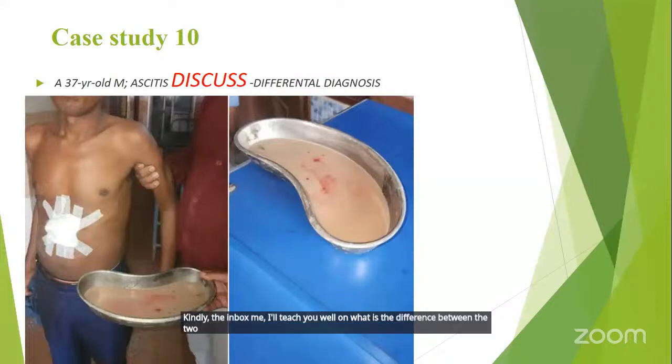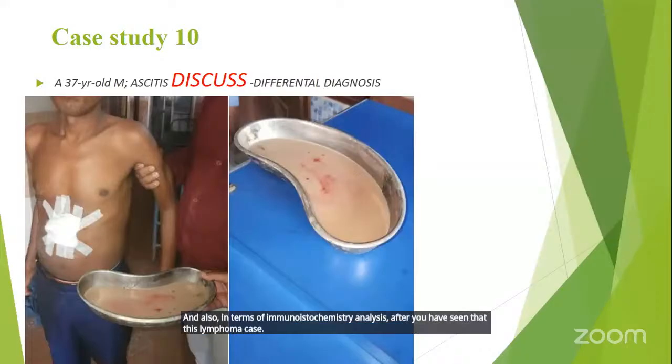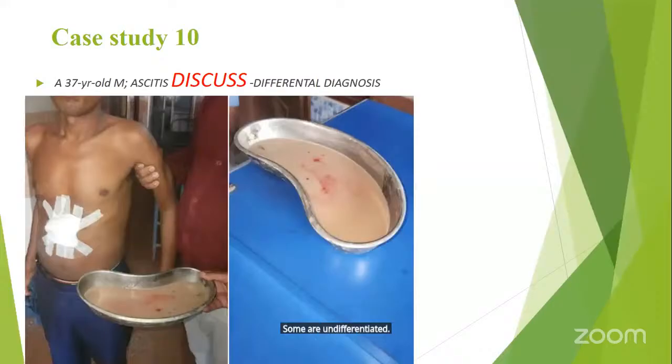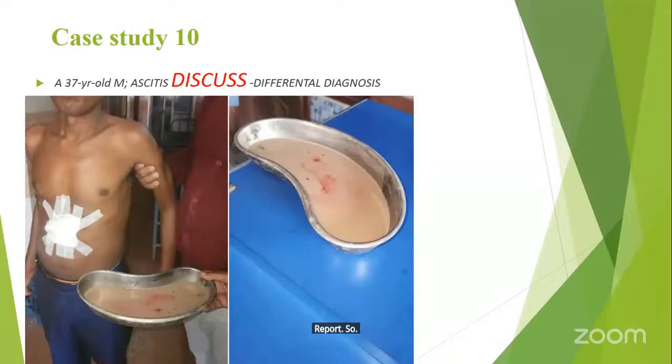They are based on the cellular characteristics, what you see on the microscope, and also immunohistochemistry analysis. After you have seen that this is a lymphoma case, some are undifferentiated, meaning you cannot differentiate them until you do an immunohistochemistry report. So it won't make sense on this platform, but I promise to give you the best.